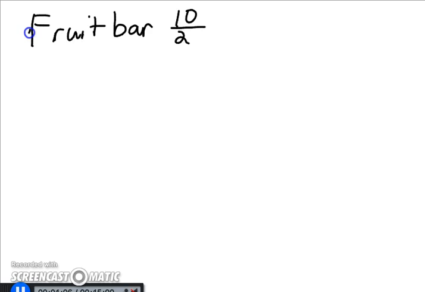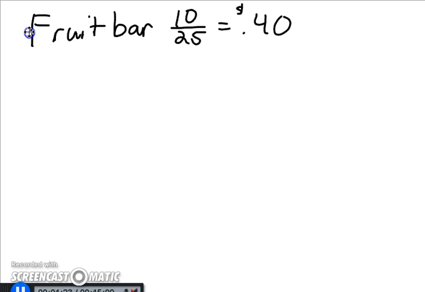So for a fruit bar, her $10 divided by 25, the number of fruit bars, will give us the cost of one fruit bar. 10 divided by 25 is 0.4 or 40 cents.